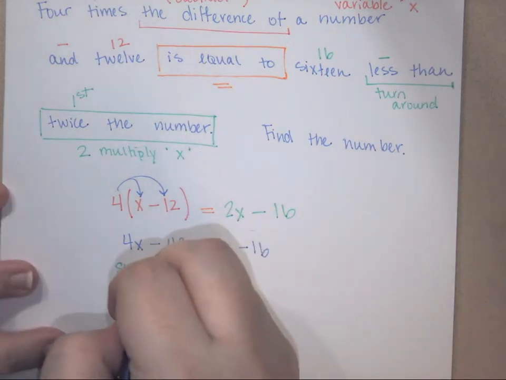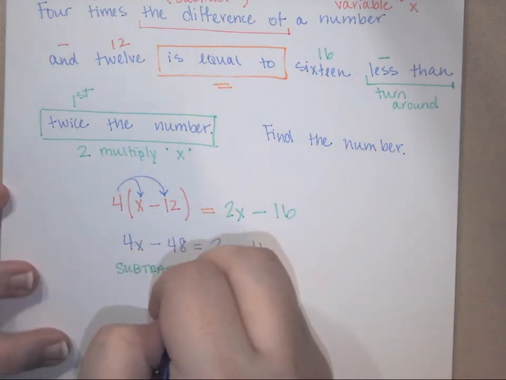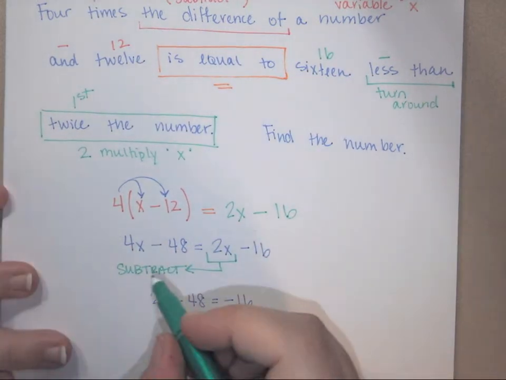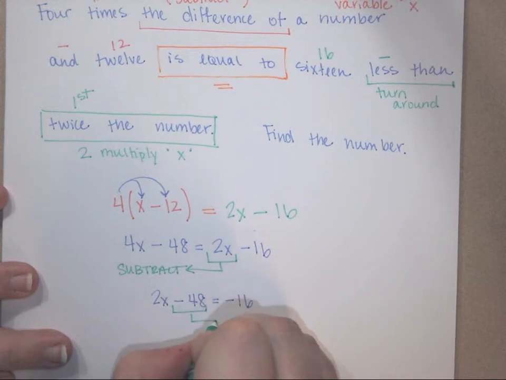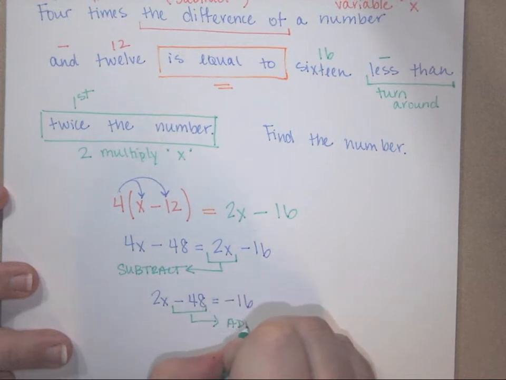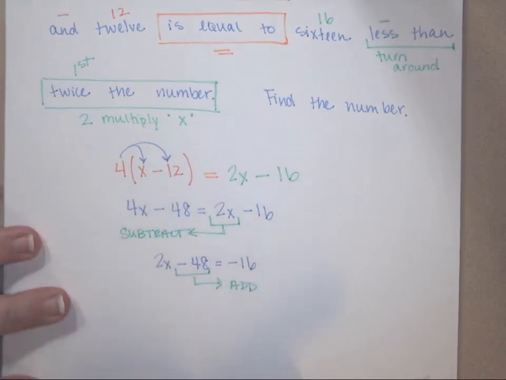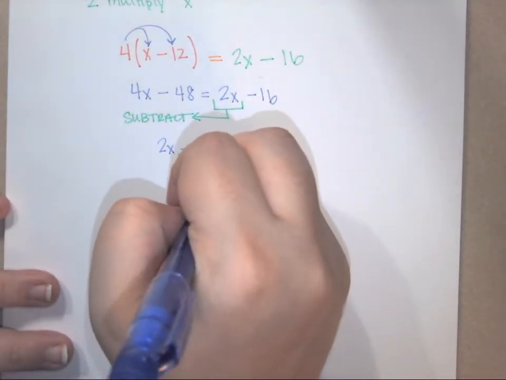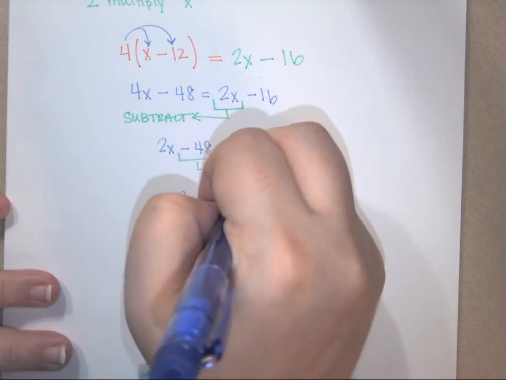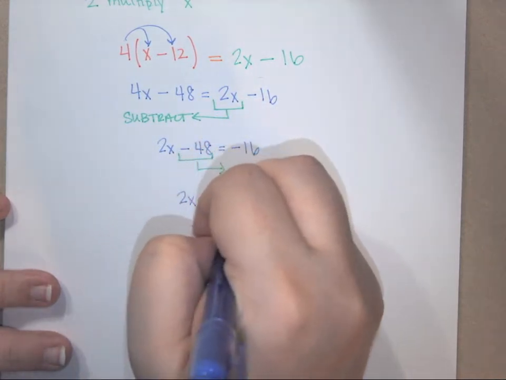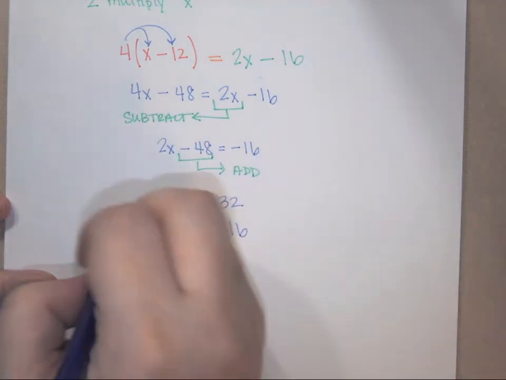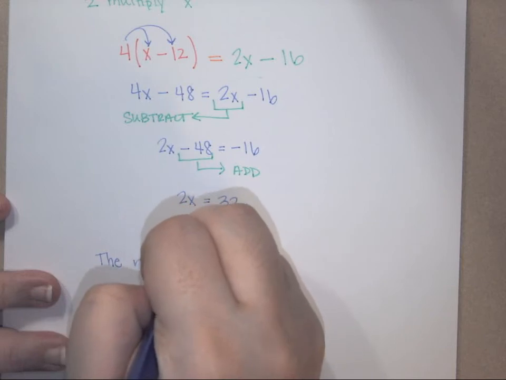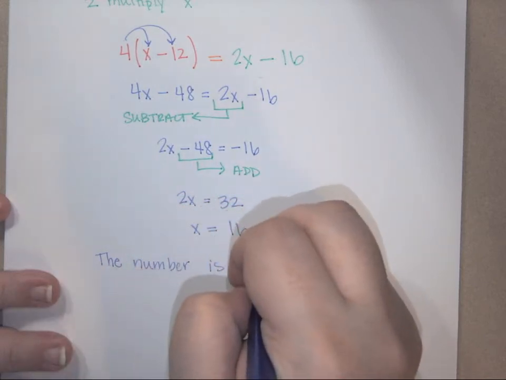So this is going to end up being a 2x minus my 48 equals negative 16. I now need to move my 48 over by adding. Okay, again, its sign was already negative, so I have to add it. So this becomes 2x is equal to 32. So x equals 16. So in this case, the number is 16.